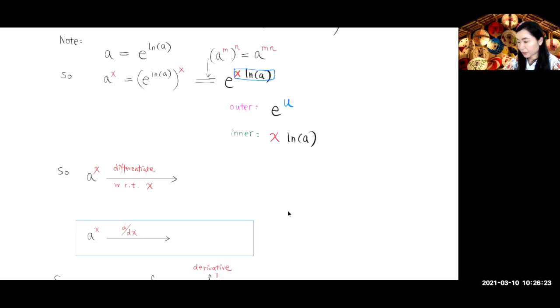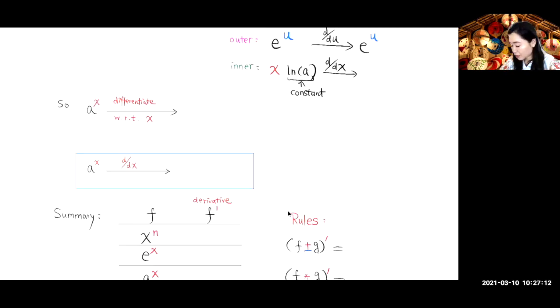Okay, that's the inner function. Remember, this ln a here is a constant, because a is a positive constant. Then over here we're going to use the chain rule. We differentiate this with respect to u, and then we get e to the u. Differentiate this with respect to x.